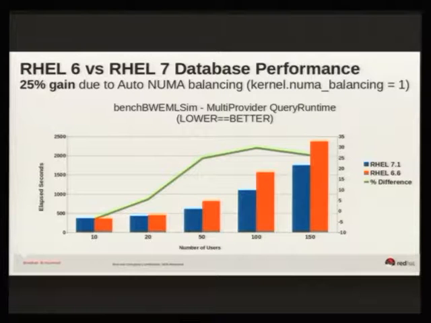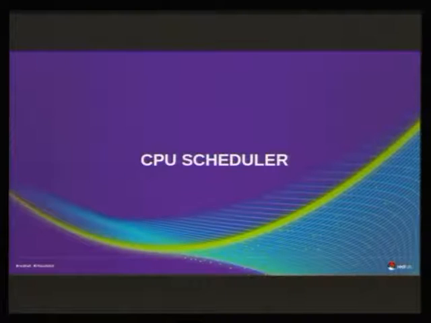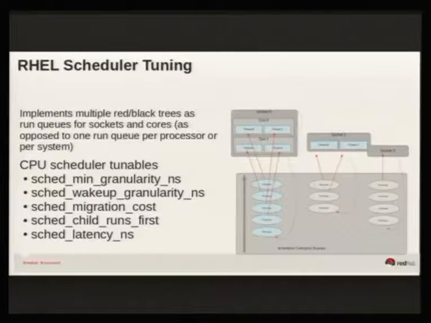Okay, sorry. So the next thing I wanted to talk about is some of the way the CPU scheduler works and its tunables. I won't get into a lot of these, but there's tunables in the scheduler that control things like the quantum and how quickly the system will decide to move from one CPU to another.